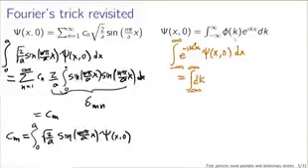Then we have phi of k, which is not a function of x, so I can pull it out of my integral over x, same as I could pull my c sub n out of this integral dx. Sorry, phi of k, not phi of x. What I'm left with then is the integral from minus infinity to infinity dx, e to the minus i k prime x, e to the i k x.